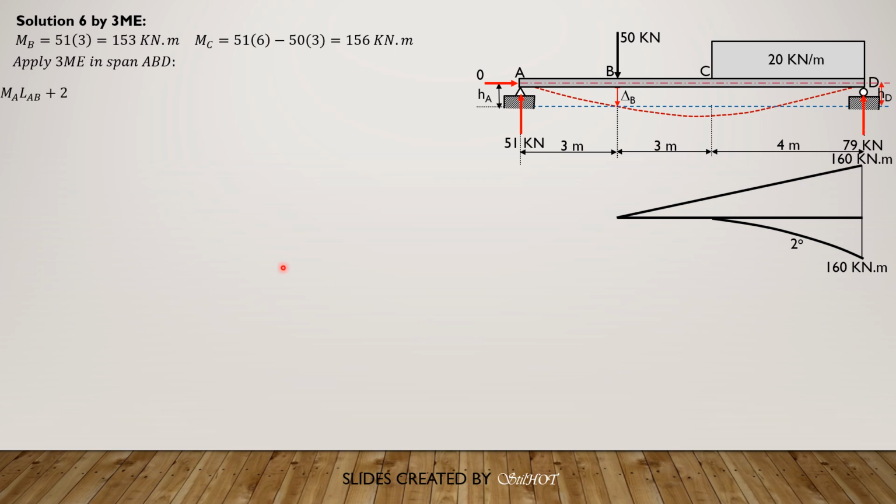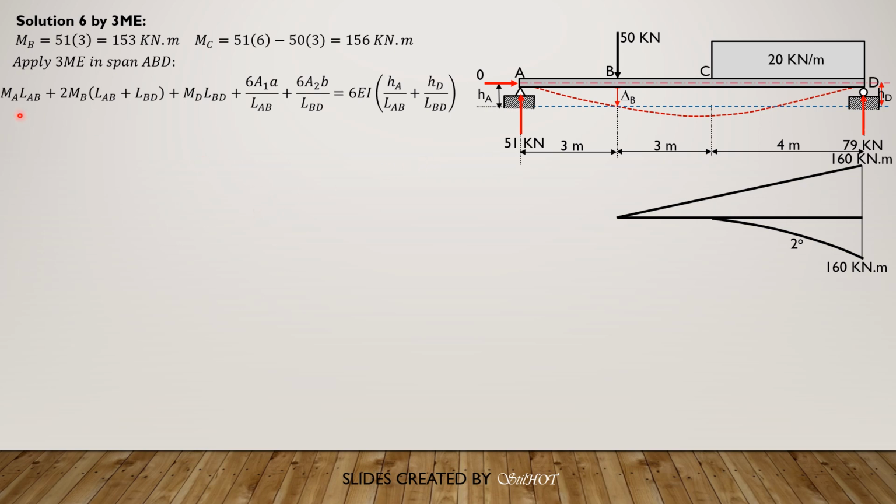So moment A, LAB plus 2MB times LAB plus LBD plus MD, LBD plus 6A1A over LAB plus 6A2B over LBD equals 6EI times HA over LAB plus H sub D over LBD.